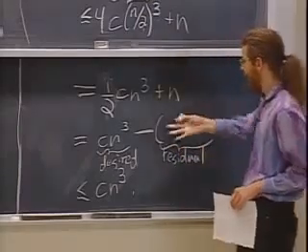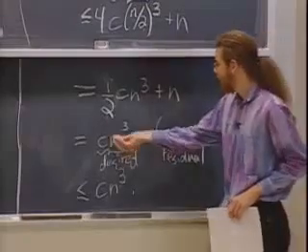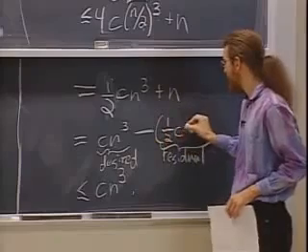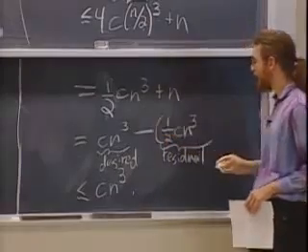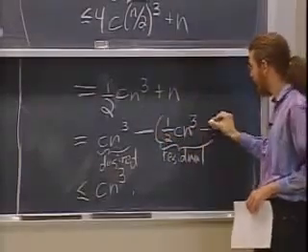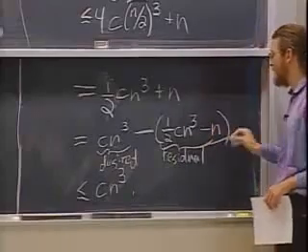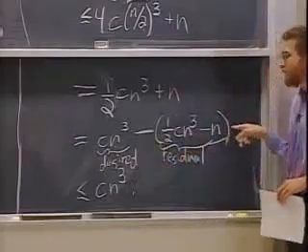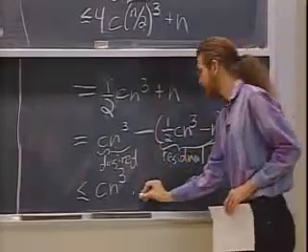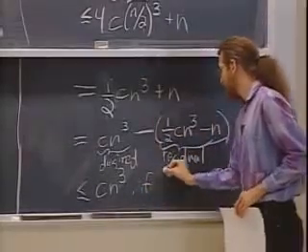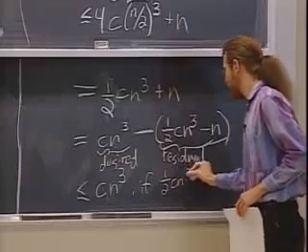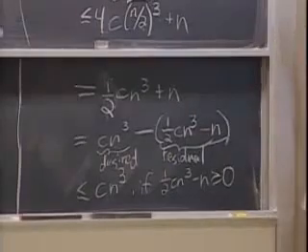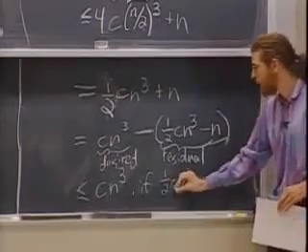So now I have to actually figure this out. We have cn cubed, but only half cn cubed here, so I need to subtract off half cn cubed to get that lead term correct. And then I have plus n, and there's a minus here, so it's minus n. Okay, and that's the residual. In order for this to be at most this, I need that the residual is non-negative. So this is if the residual part is greater than or equal to 0, which is pretty easy to do because here I have control over c.